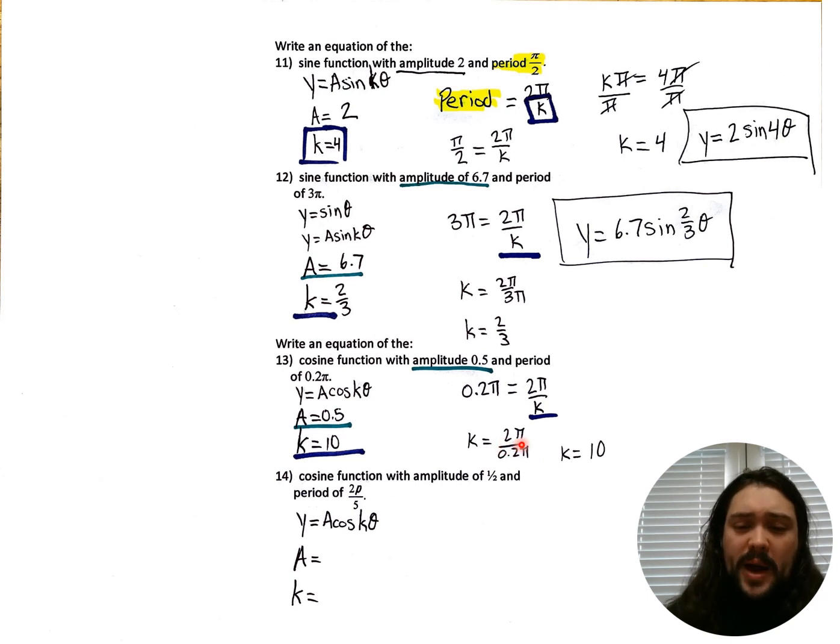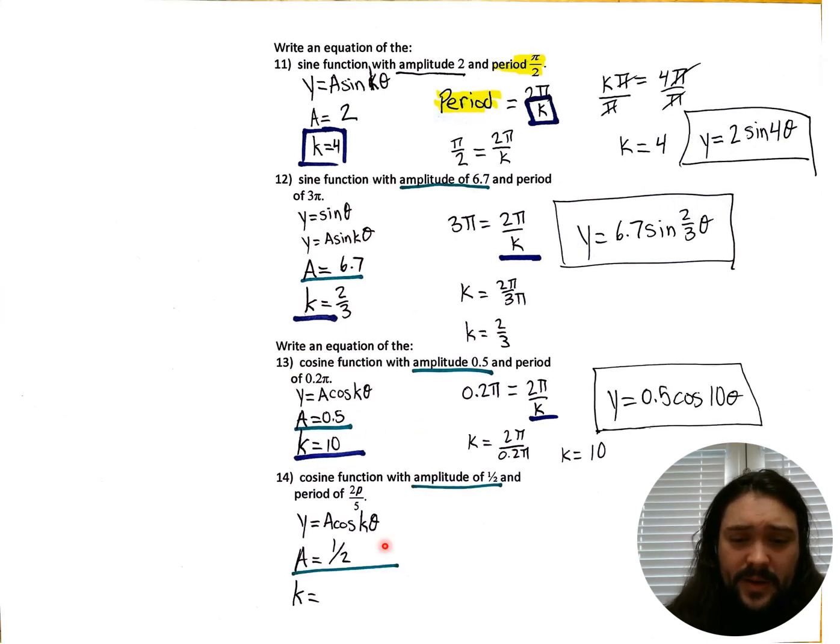Now, pi divided by pi cancels out. 2 divided by 0.2 is the same as 1 divided by 0.1, or 1 divided by 1/10. So 1 times 10 over 1 is 10. So our k value is 10. Our a is 0.5. We get y equals 0.5 cosine 10 theta.